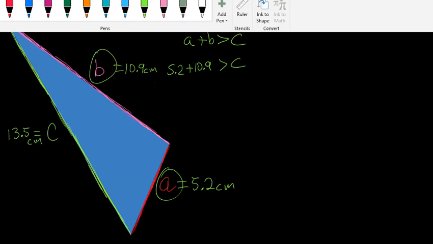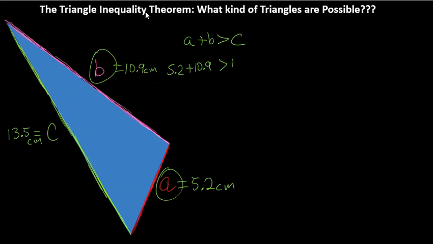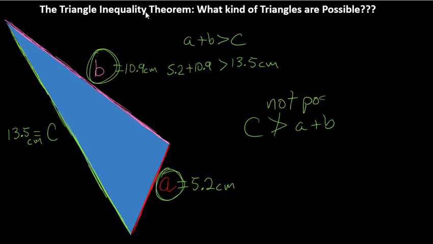So what's that mean? Well, basically, it is impossible. It's impossible to have a triangle where one side is larger than the other two combined. Okay? This is not possible.